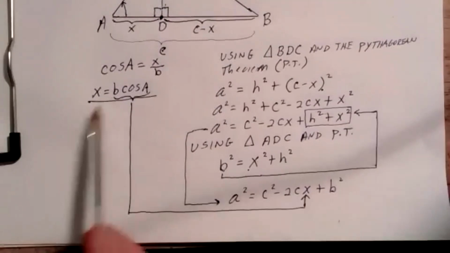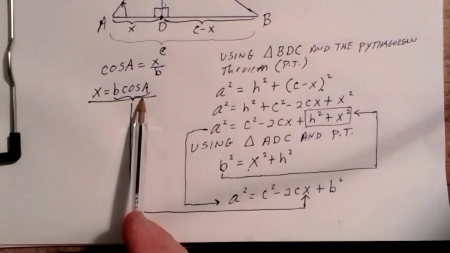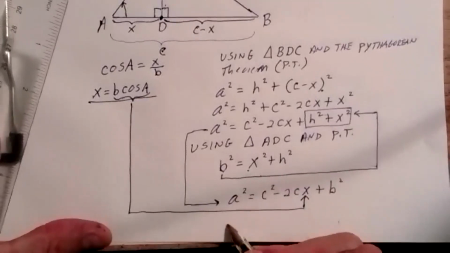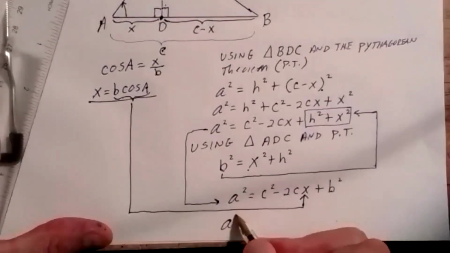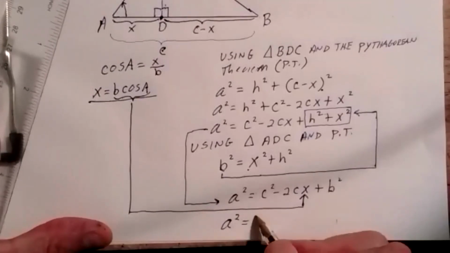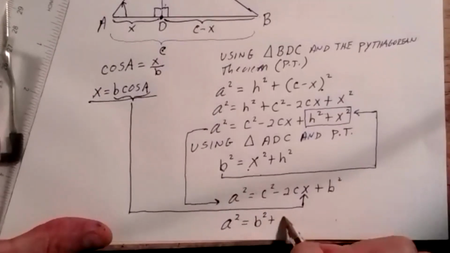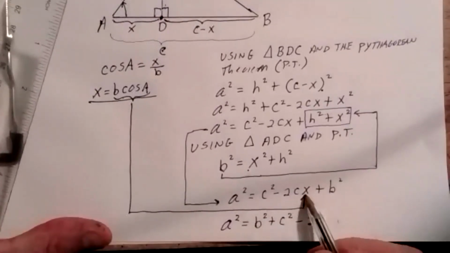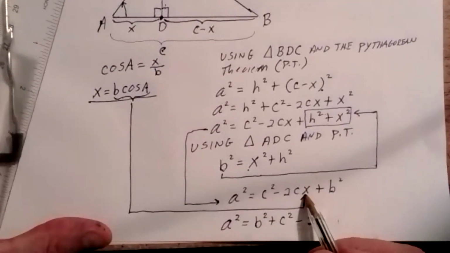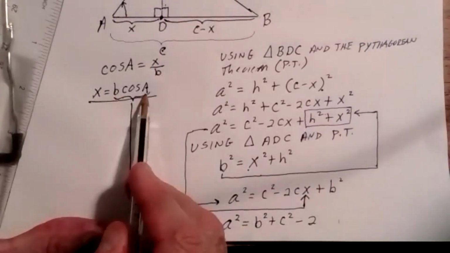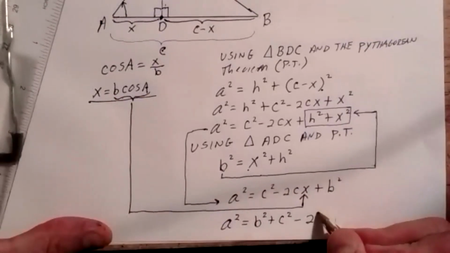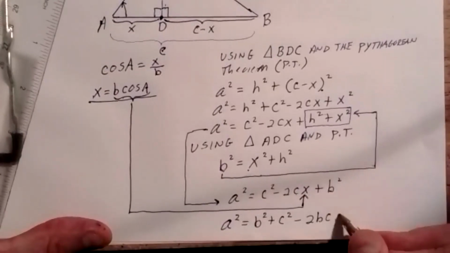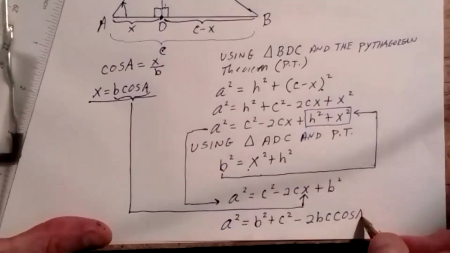Therefore, after making a substitution, this equation can be refined and written this way. a squared is equal to b squared plus c squared minus 2. What's another name for x? b cosine A. So b times c, and then we've got the cosine of A.